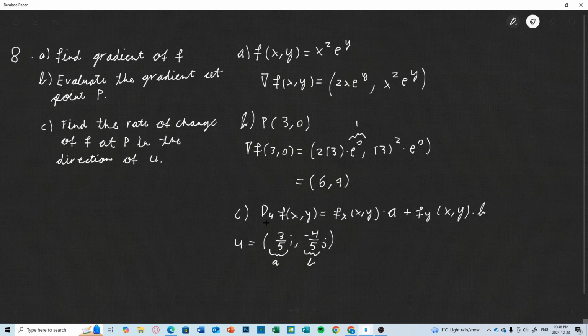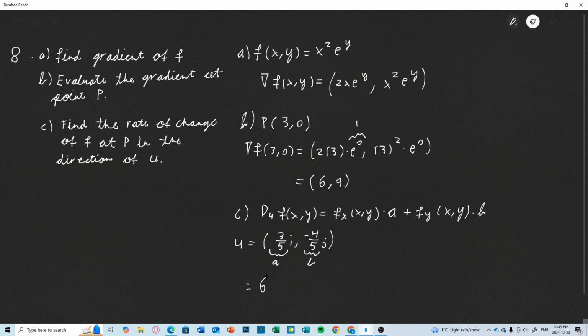So if we were to change this formula to x, y, and z, we would just have to add the partial of f with respect to z of x, y, z multiplied by c. But since ours is in just 2 dimensions, we'll keep it as that. So now this just becomes our partial of x of f, but since it has to be at point P, that means it's going to be our value of 6.